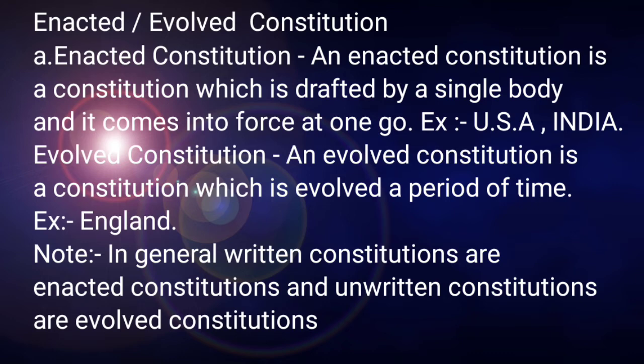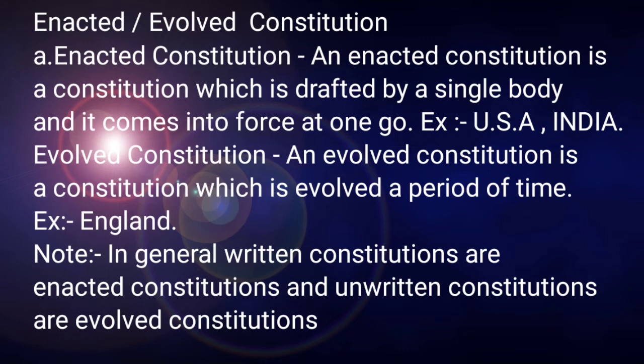So it means the Indian constitution is drafted by a constituent assembly. It is a single body. And the constitution came into force on 26th January 1950. That means it came into force in a single go.